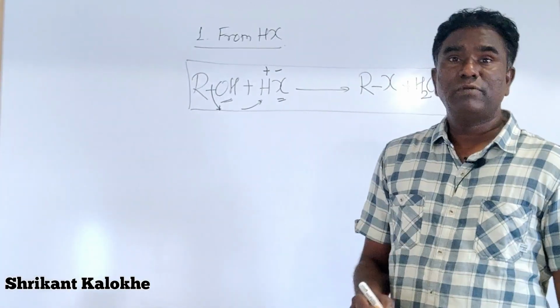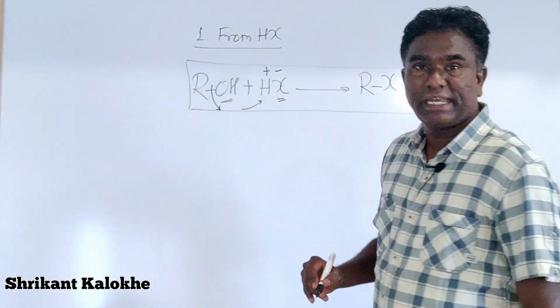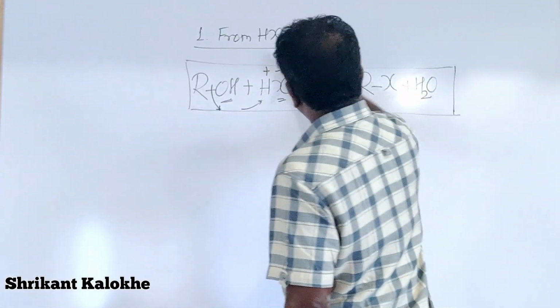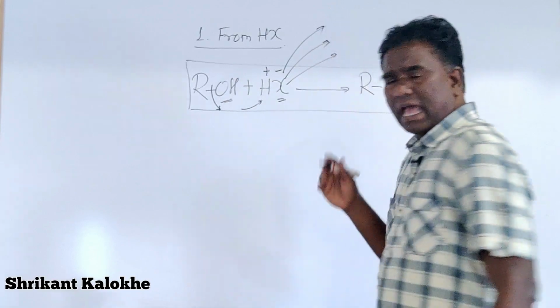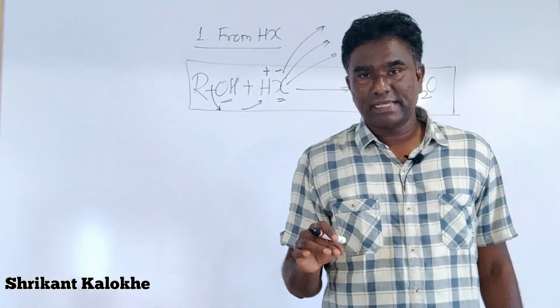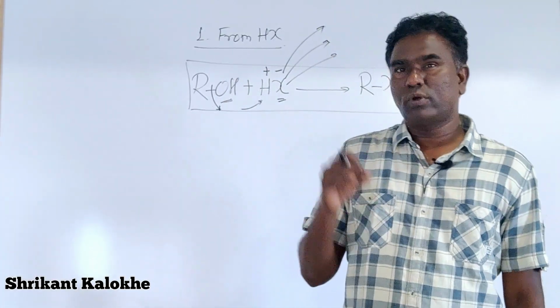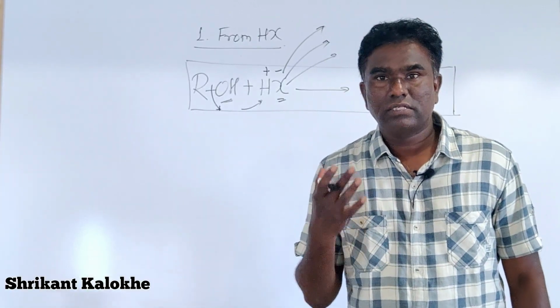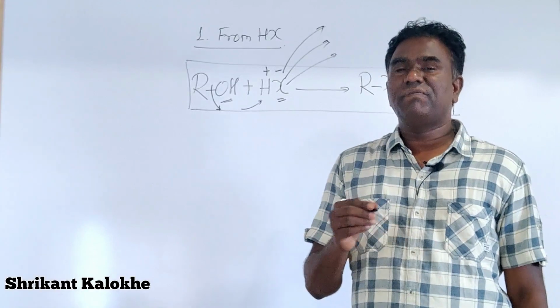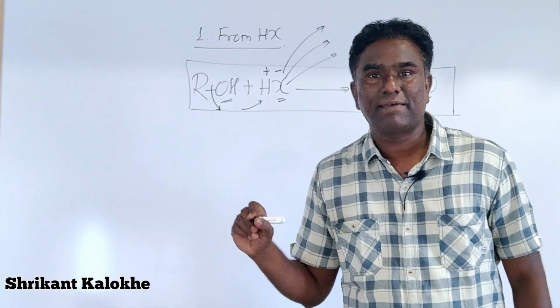But now we have to think about the different possibilities of HX. As I told you in the last lecture, don't think about fluoride, because fluorides are not easy or safe to handle, so we will not talk about HF.